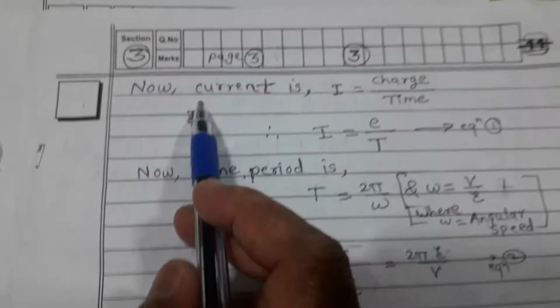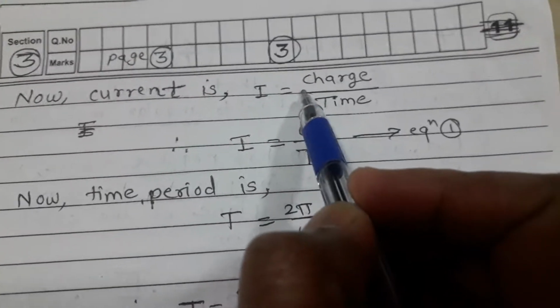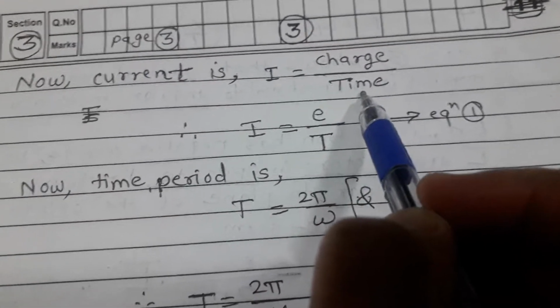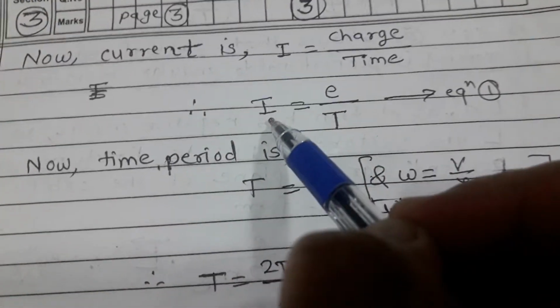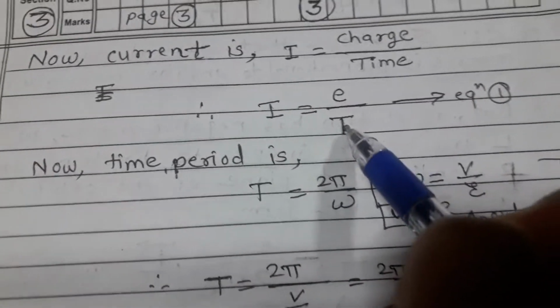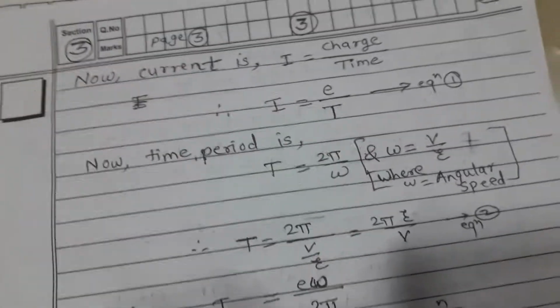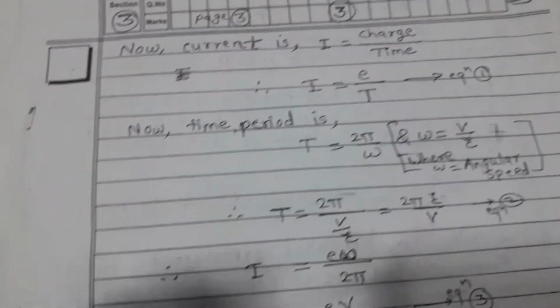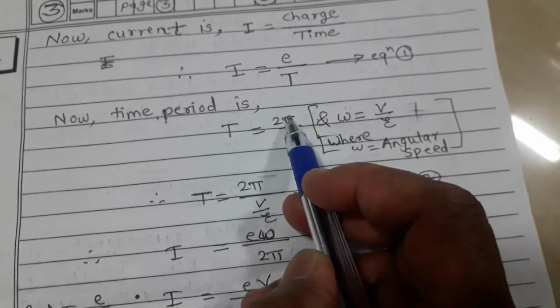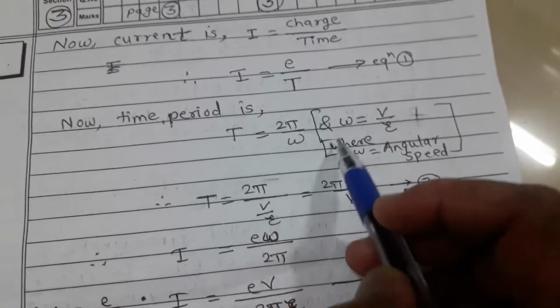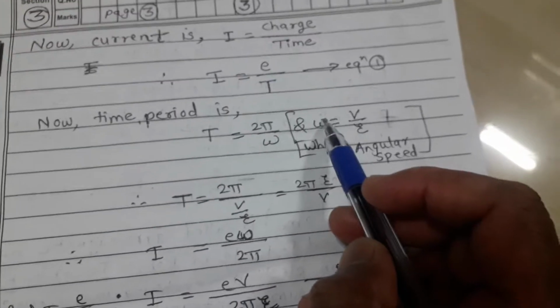Now current capital I is equal to charge upon time. Therefore capital I is equal to small e upon T, equation number 1. Now time period is capital T is equal to 2 pi divided by omega. See here, reason is given.